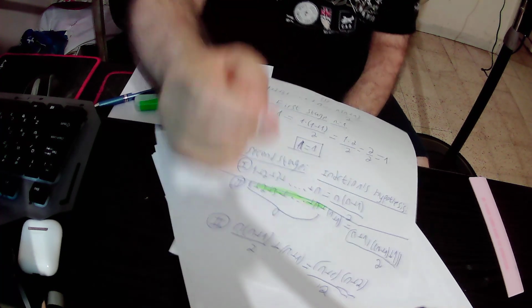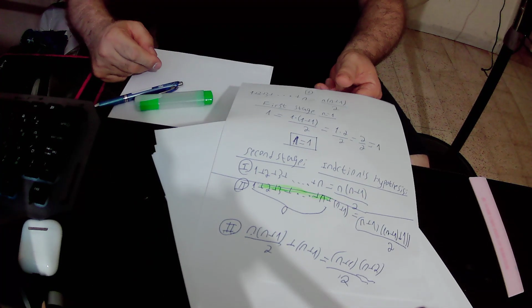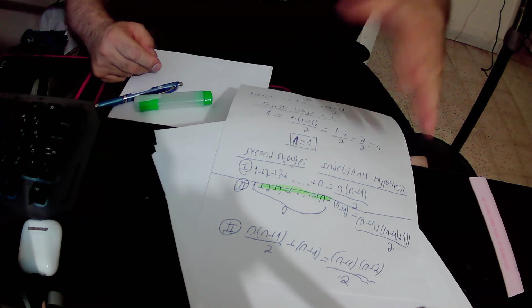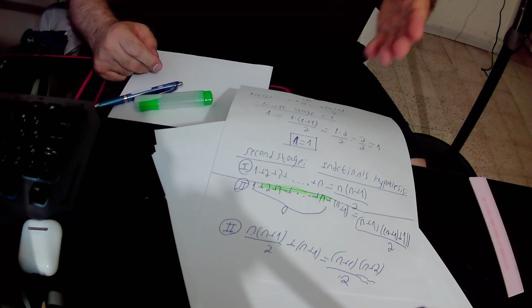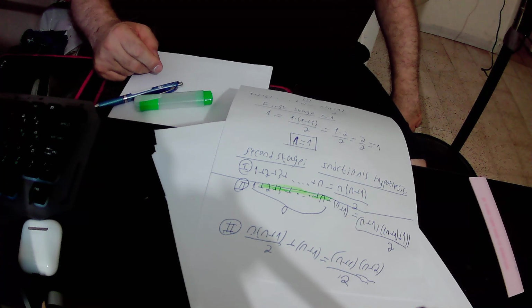So in this second equation that we have to prove that it is true, we can divide both sides of the equation by n plus 1. And we can divide by n plus 1 because it can never be 0, because n is a natural number.